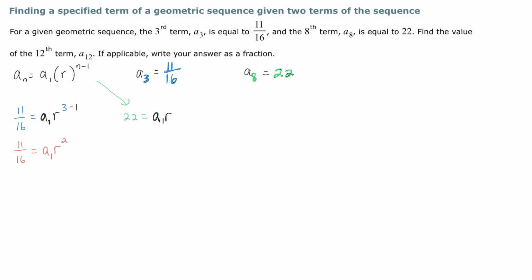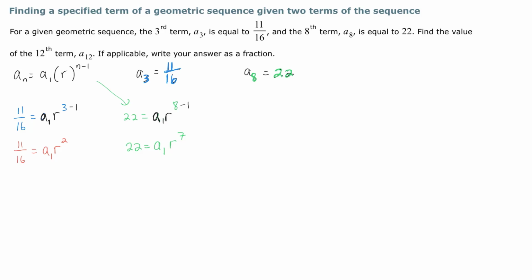But we do know that n in this specific case is 8. So what's 8 minus 1? I'm sure you guys can do that. That's 7. So we get this new equation: 22 is now equal to a sub 1 times r to the 7th power.